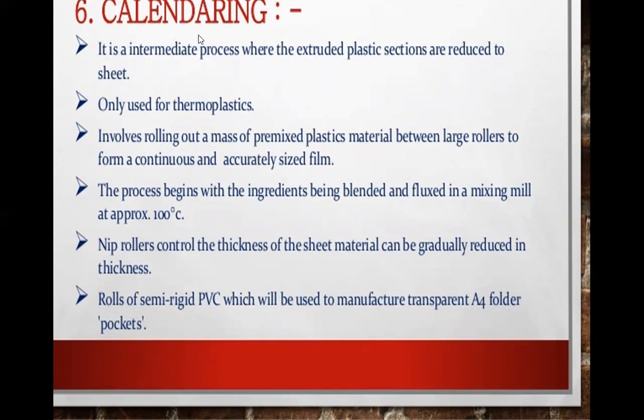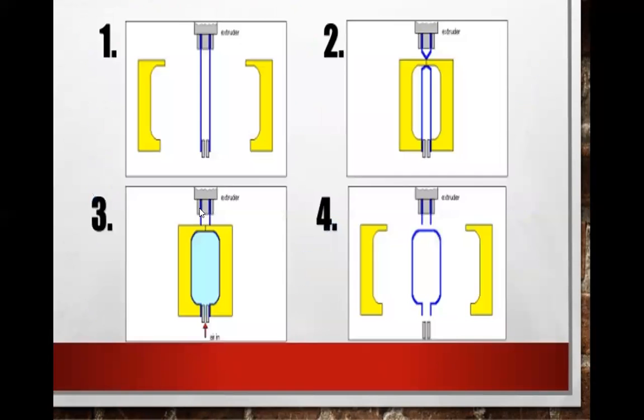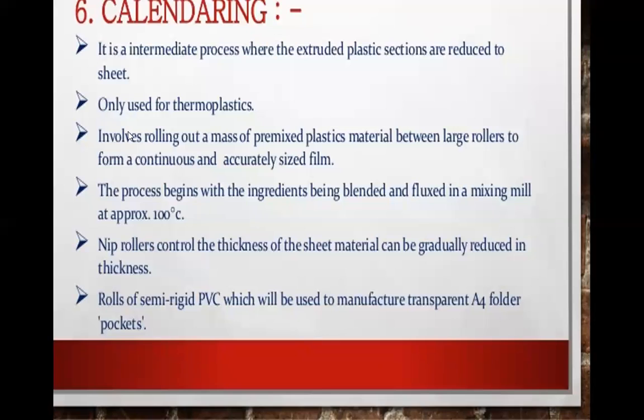Next one is the calendering process. It is an intermediate process where the extruded plastic sections are reduced to sheets. That means whatever extruded plastic material is obtained should be reduced to a sheet-like structure by using this calendering process.